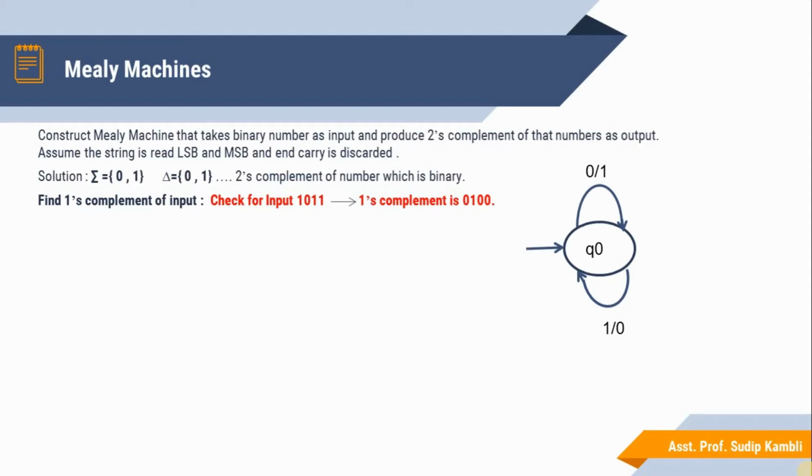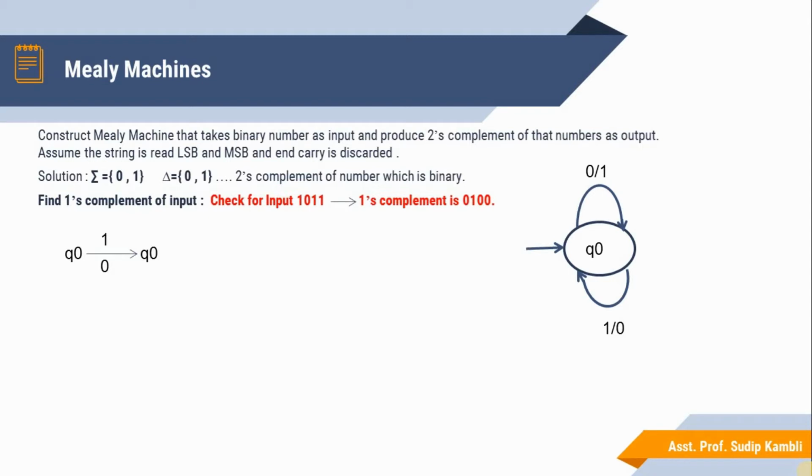First find the 1's complement of the input. For input 1 0 1 1, the first complement is 0 1 0 0. The complement of 1 is 0 and the complement of 0 is 1, so 1 is replaced by 0 and 0 is replaced by 1. So the string 1 0 1 1 is replaced by 0 1 0 0, the 1's complement of the input string. Here Q0 scanning 1 goes to the same state Q0 and the output is 0, the complement of 1. Next, Q0 scanning 0 goes to Q0 and the output is 1. Next, Q0 scanning 1 goes to Q0 and the output is 0. And the last input 1 scanned at Q0 goes to the same state and outputs 0.